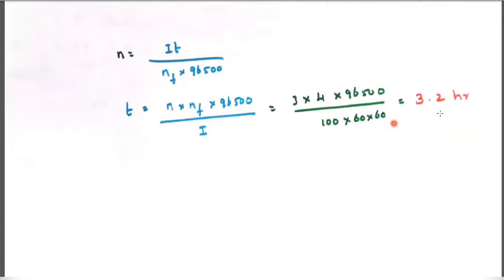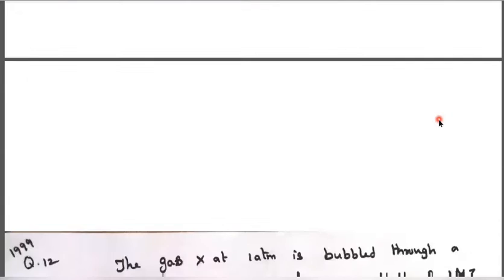We divide by 60 into 60 to convert into hours.